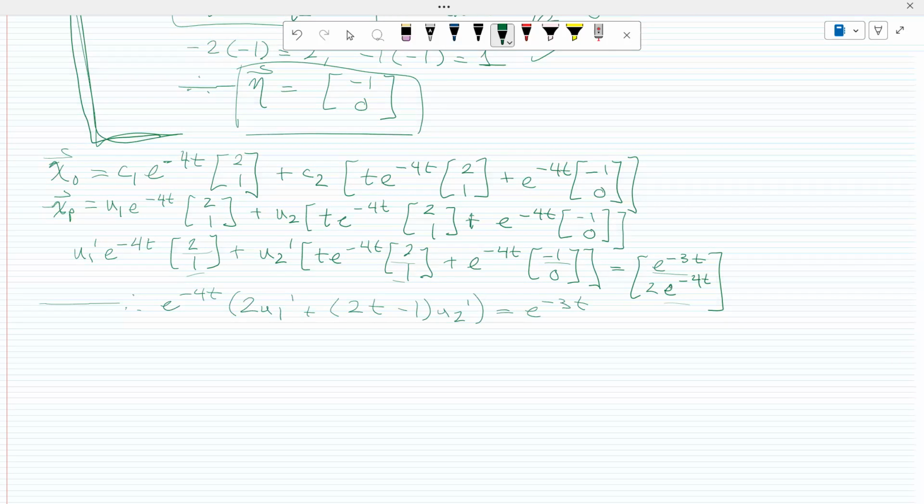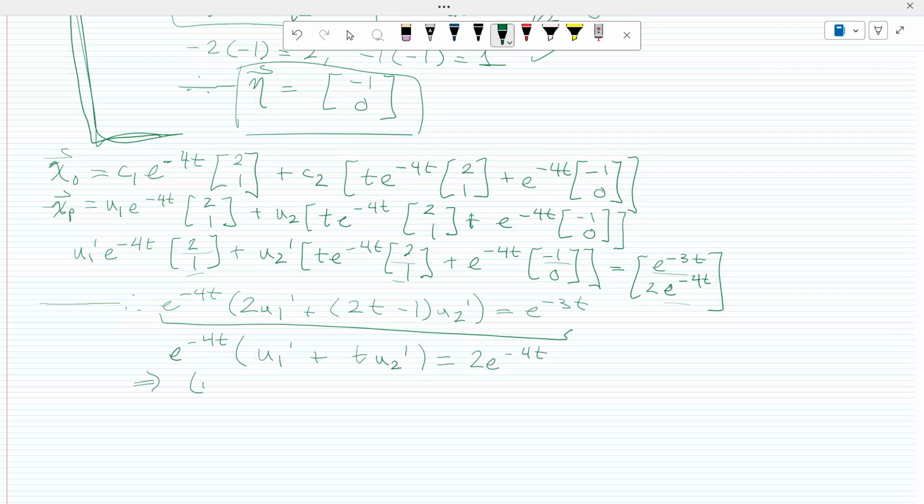Yes, we get this first expression here. Then we also get e to the negative 4t times (u1 prime plus t u2 prime) is equal to 2e to the negative 4t.